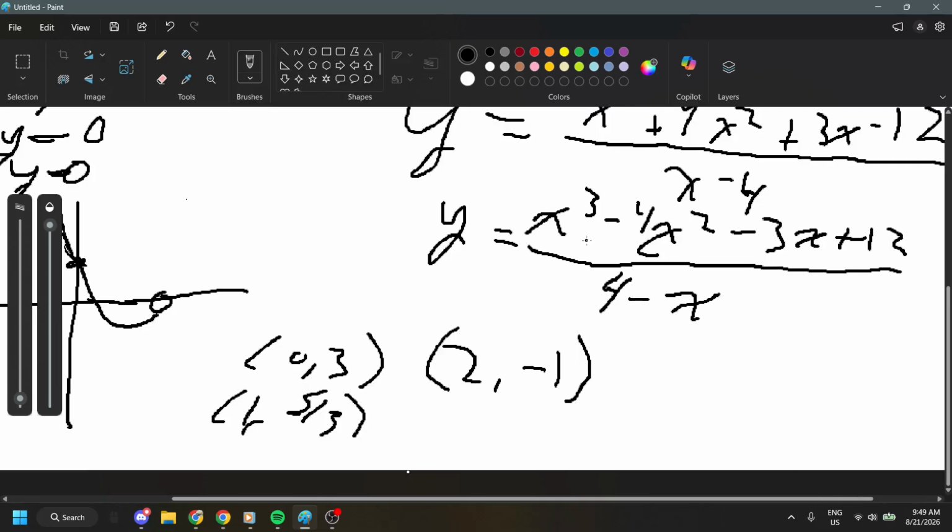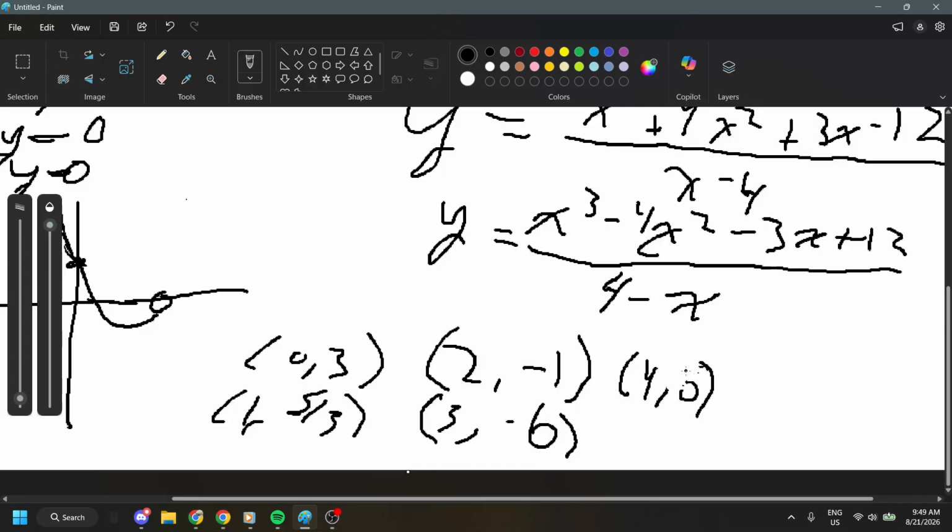Put 3 in here, we get 27 minus 39, which is negative 9. Minus 9 is negative 18, so it's going to be negative 6. 4, we get 0. 5 is going to just be even more negative.